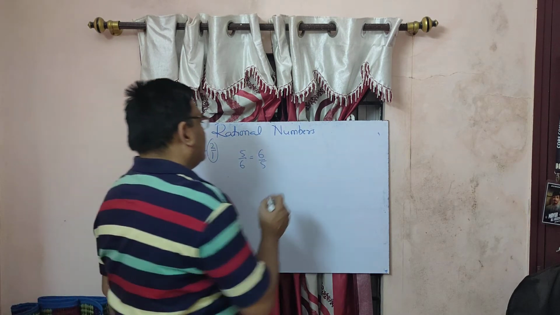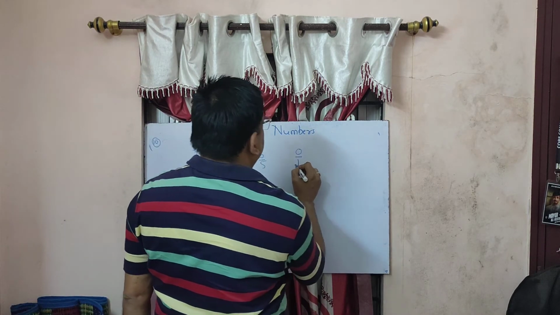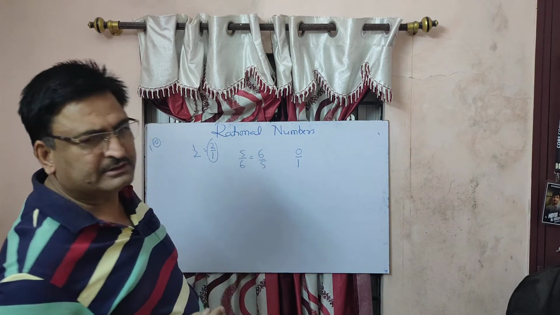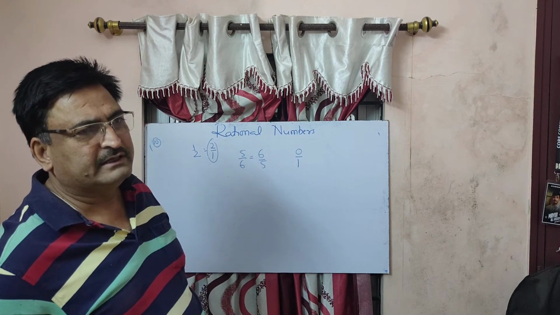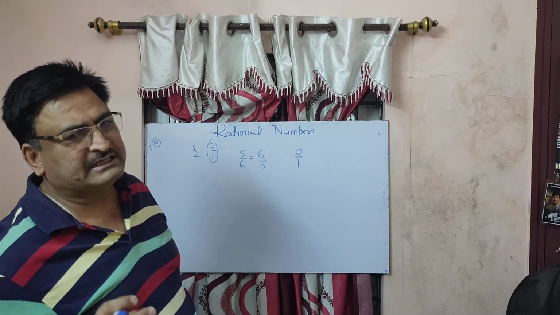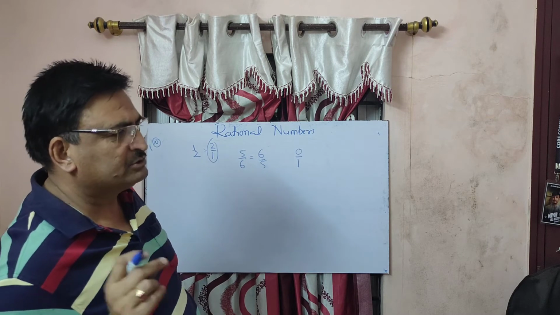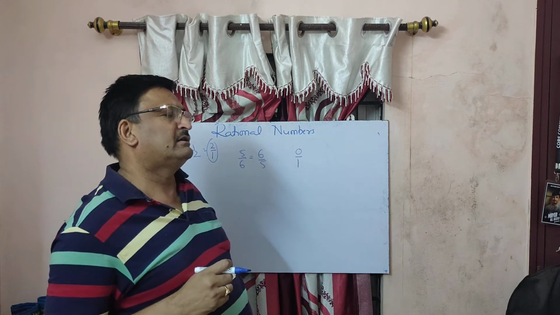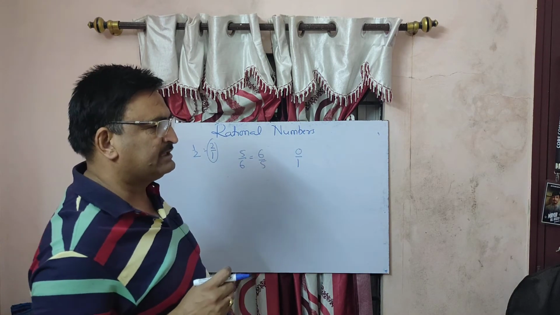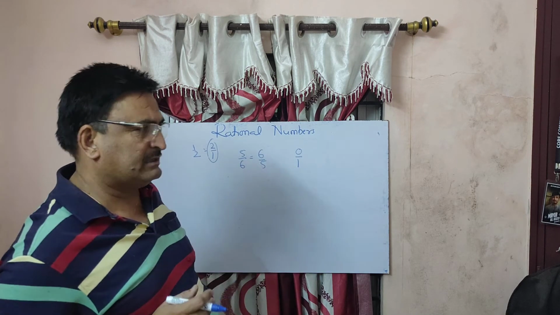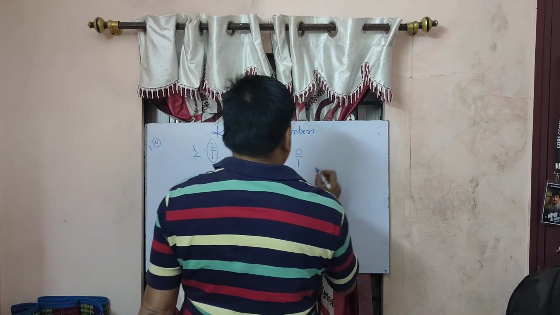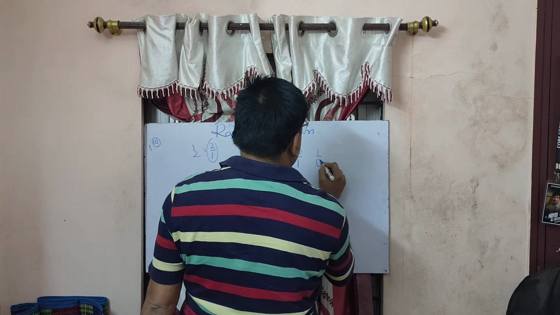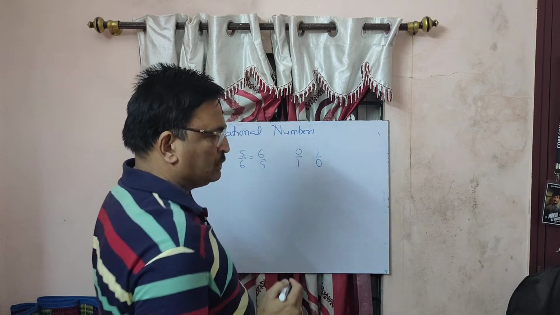But for example, 0 upon 1 is a rational number. Anything can be expressed as a rational number, so 0 also can be represented as a rational number. Now 0 upon 1 is a rational number. And is 1 upon 0 a rational number? No. Why?